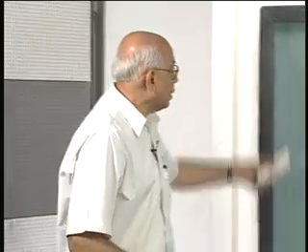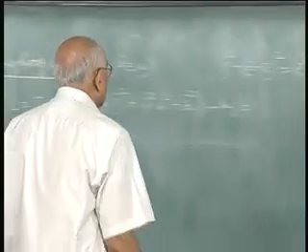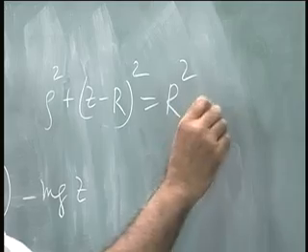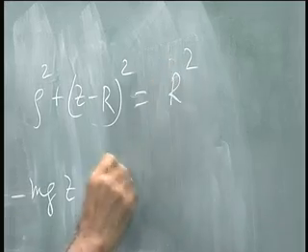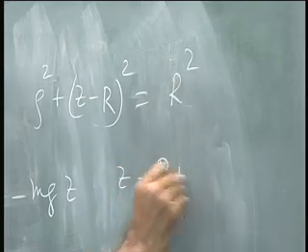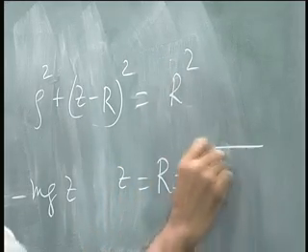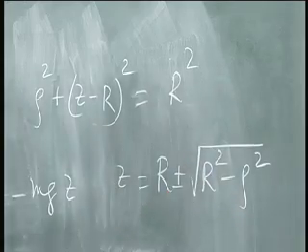Now, the whole point is there is a lot of rho dependence here, so let us remove the z in favor of rho. So let us solve for it, and you get z minus r whole squared is equal to r squared, or z equal to r plus or minus square root of r squared minus rho squared.